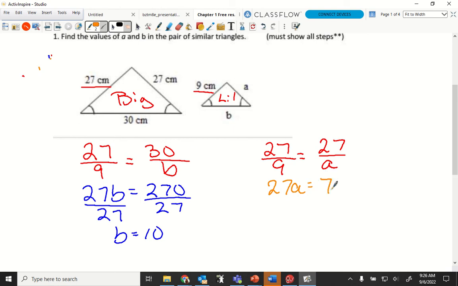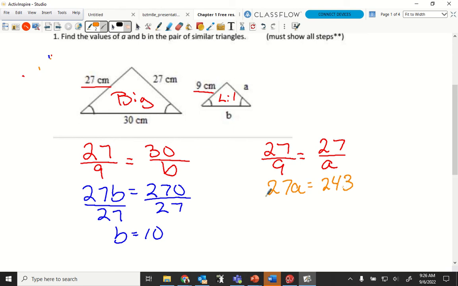Wait, I was in the calculation. It's 27 times 9. Oh, times 9. I was doing 27 times 27. It's because there was a 2 at the end. 243. Yeah, I was like, yo, that number's big. 243. There we go. All right, and how do I get my A by itself?